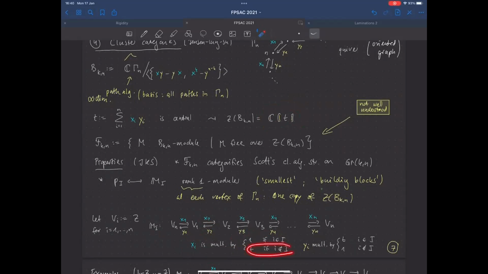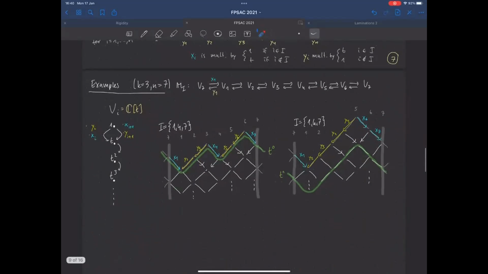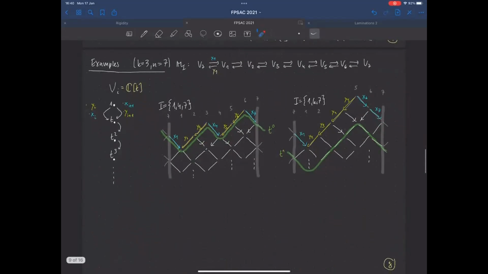If you're not in the K subset, you multiply by t, so you increase the degree. And the y's just do the opposite. It is quite convenient to draw that in terms of an infinite cylinder. Here I would think of this center being given as constants, then multiples of t squared, t cubed, etc.